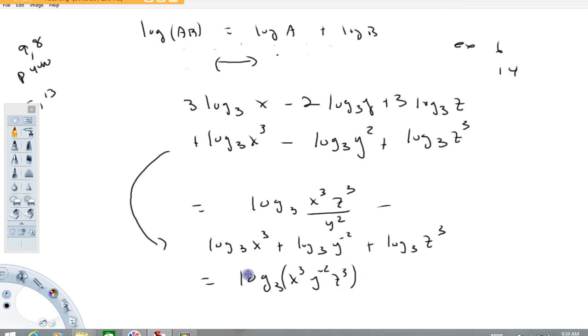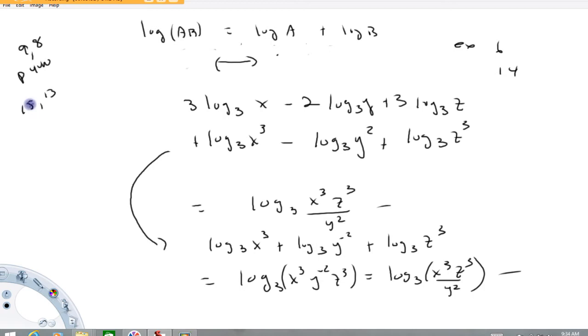And I would consider this done, but you'll notice one more step: log base 3 of x cubed z cubed, and that minus sign means over y squared. So you notice we end up with exactly the same thing, regardless of where we put that minus sign. So there's a pretty good example. Problems 9 and 8 are the toughest on the page I can find. If you can do 9 and 8, you'll be good for this problem on the test.